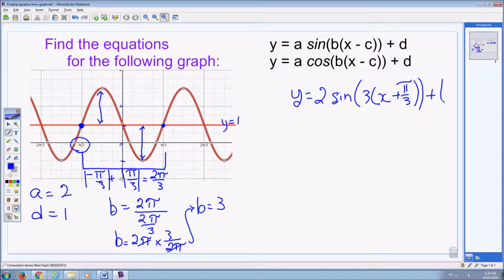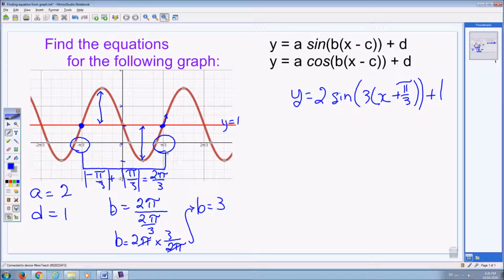But looking at this, where I ended I could have just as easily used that as my starting point for the next sine curve. And that meant that I could have considered this from the perspective of a horizontal translation of plus pi over 3.